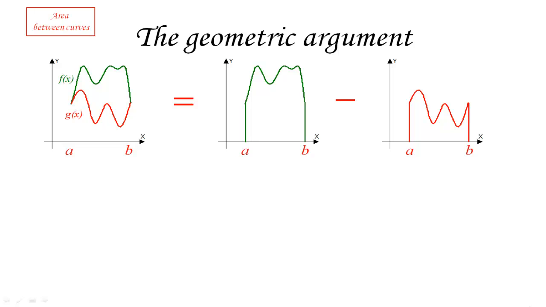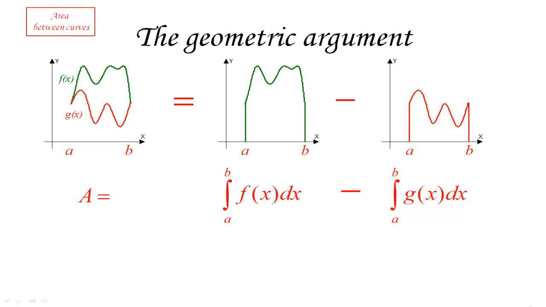But also, can you see how both of these regions now are exactly of the type that we've used to define a definite integral? Which means that the area we're looking for can be written as the integral from a to b of the top function f of x minus the integral from a to b of the bottom function g of x.